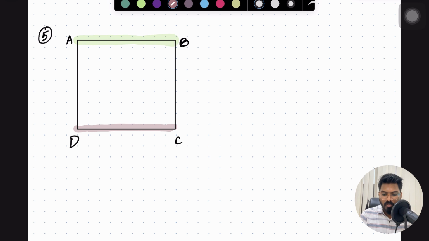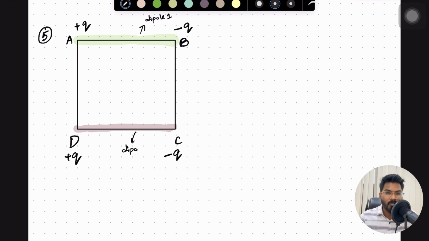So there are two dipoles, placed in such a way that minus is here, plus is here. And in this case, minus is here, plus charge is here. So this is dipole 1. This is dipole 2.